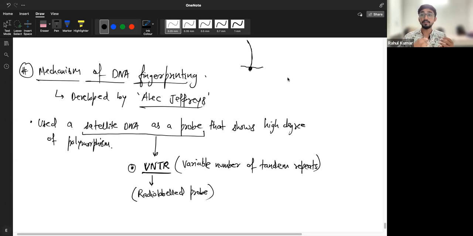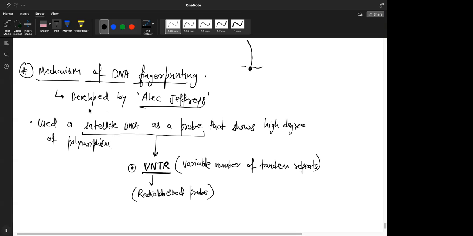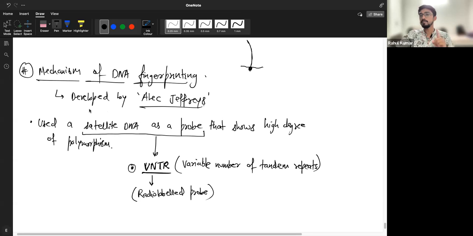So we are making a radio labeled probe so that we can see which sample it is going and binding to. Because we have made the probe from a satellite DNA of the kid, the kid's satellite sequence, repeating sequence. When we allow these VNTR probes to go and bind, to whose DNA it will bind, to whose sequence it will bind, that is the father.